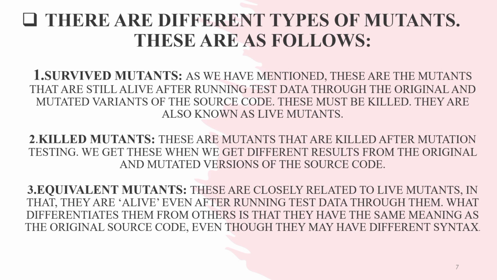We get this when we get different results from the original and the mutated versions of the source code. Equivalent mutants are closely related to live mutants in that they are alive even after running test data through them. What differentiates them from others is that they have the same meaning as the original source code even though they may have different syntax.